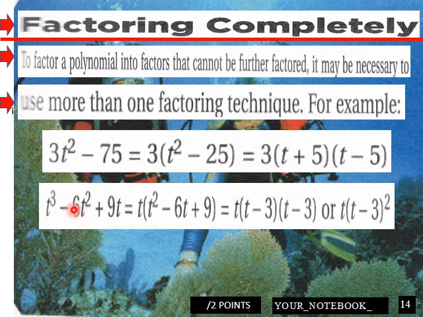And then down here, a third degree trinomial, you factor out a t, and then you get this quadratic here, and then you can factor this further into that. And then t minus 3, that's a square, so t times quantity t minus 3 squared.